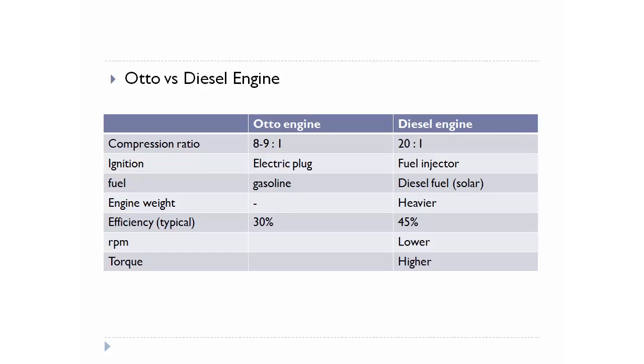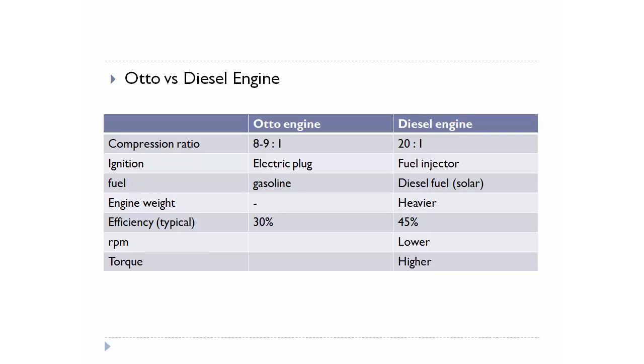For ignition, the auto engine uses an electric plug, and the diesel engine doesn't. For fuel, the auto engine uses gasoline, and the diesel engine uses diesel fuel. In Indonesia, we call it solar.